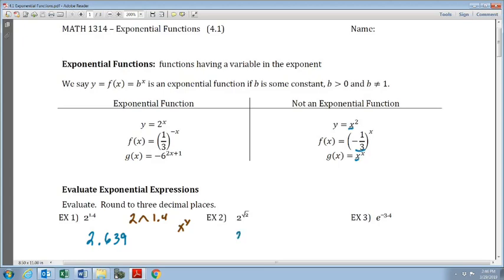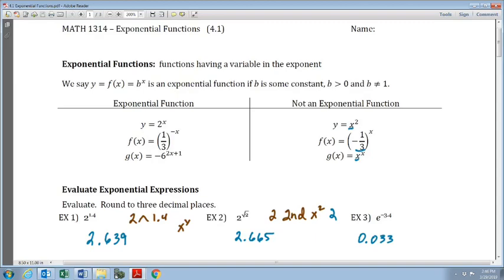So for the second one, you should get 2.665. Basically you're putting in 2 and then second x squared, and then you put in another 2. And finally on the last one, you should get 0.033.